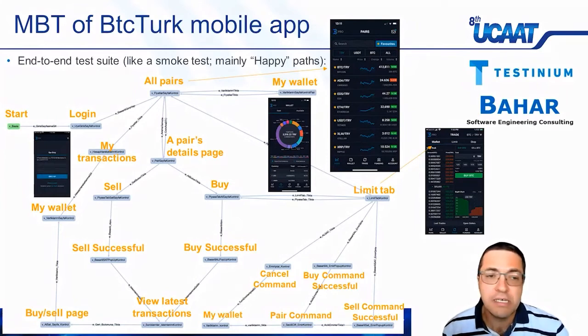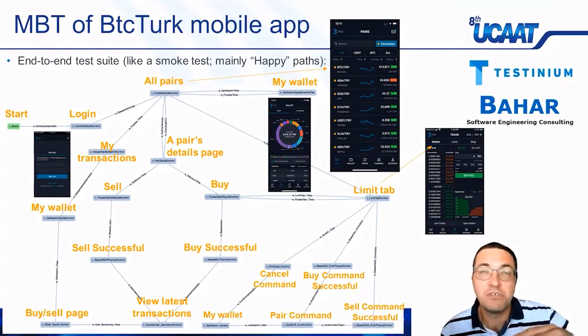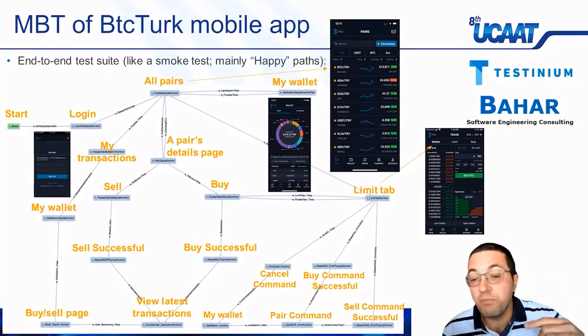You can go to a pair's detail page and buy and sell, with sell successful and buy successful. There's also a feature called limit. You can say that if the price of a Bitcoin reaches this low or this high price, then buy it for me. Whenever that condition is true, the system will do it automatically for you, even if you are sleeping.